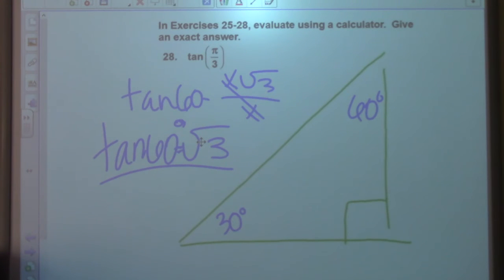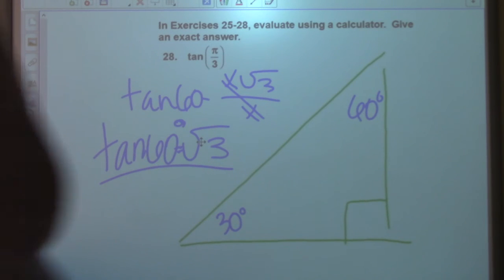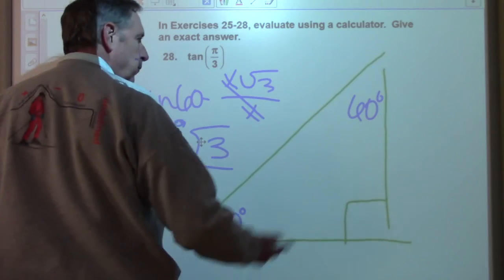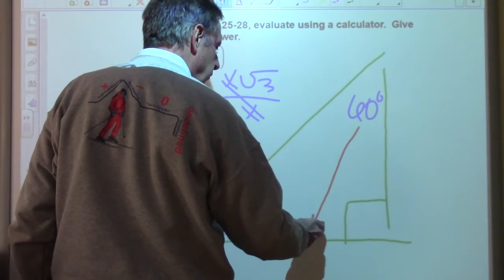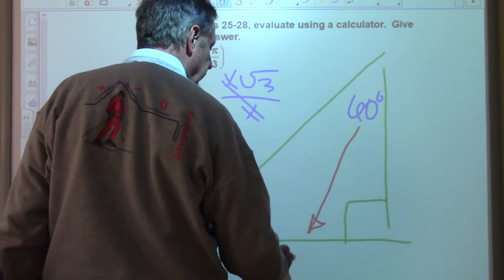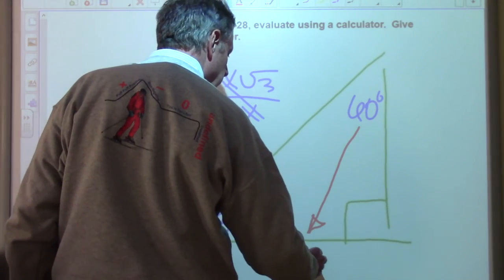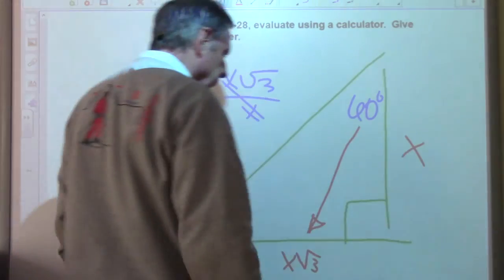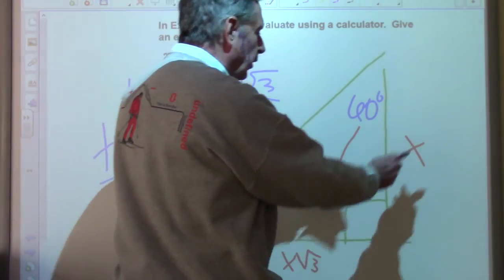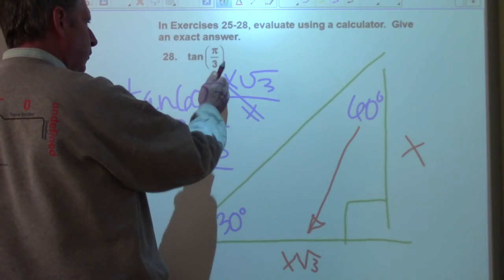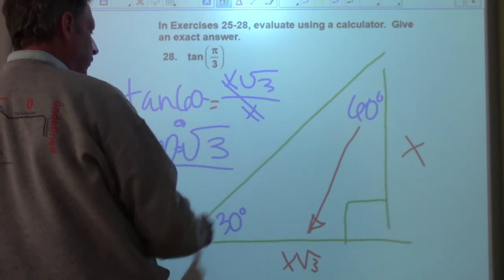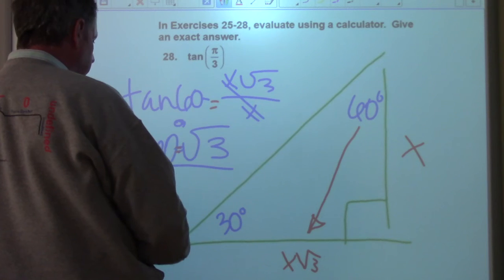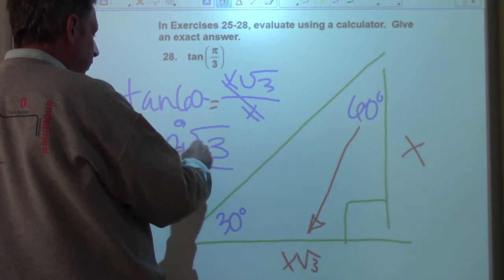Okay, here's the thing. Since she goes down here, here's your opposite, this is going to be x square root of 3, right? And this side over here is going to be x. So she's got x square root of 3 over x, and that equals tangent pi over 3.